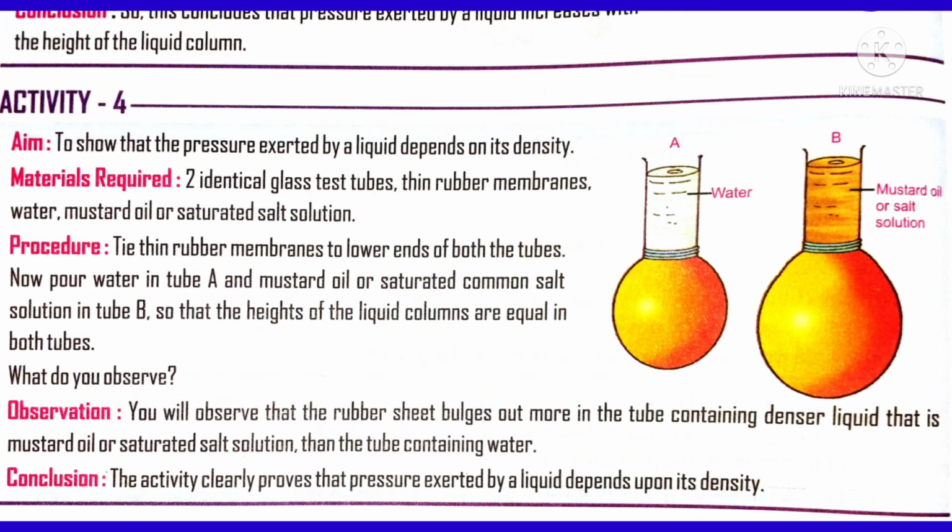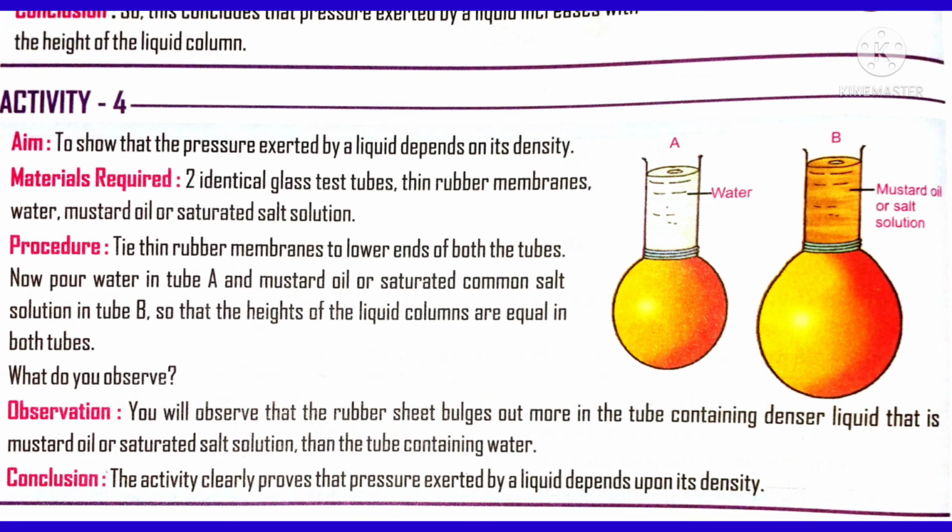I told you these test tubes are open at both ends. So at one end of each test tube you are going to tie a balloon. Now you are going to pour equal quantities of water and mustard oil. You are going to add water in the first test tube and mustard oil in the second test tube.